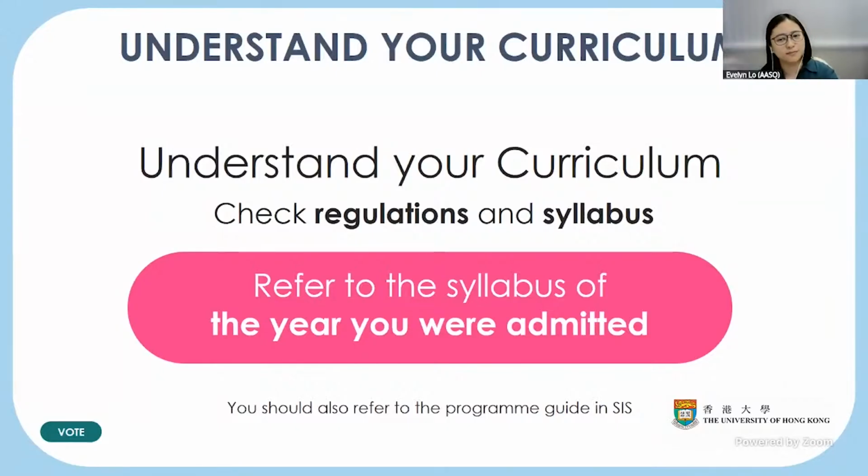Okay, it might be a little bit hard for you to understand the syllabus without looking at it, right? So let's do a vote. Let's see which faculty you are from, and we will see what program and what regulations we should look at.